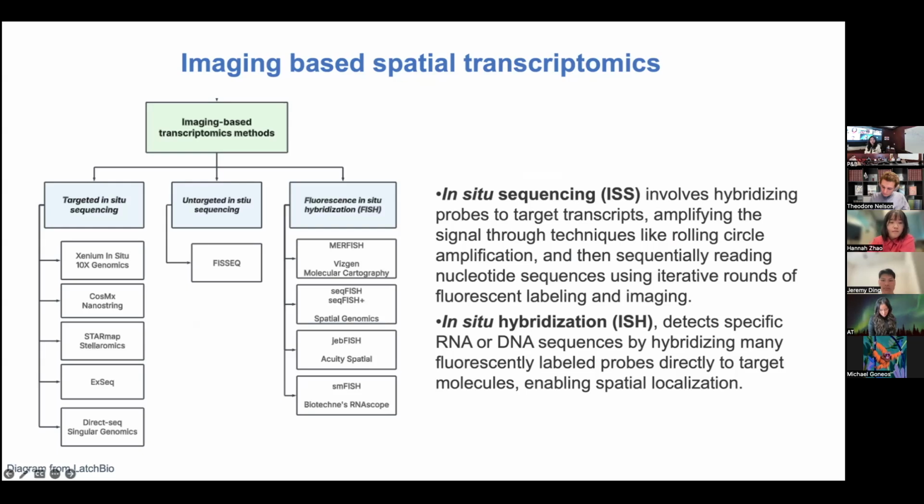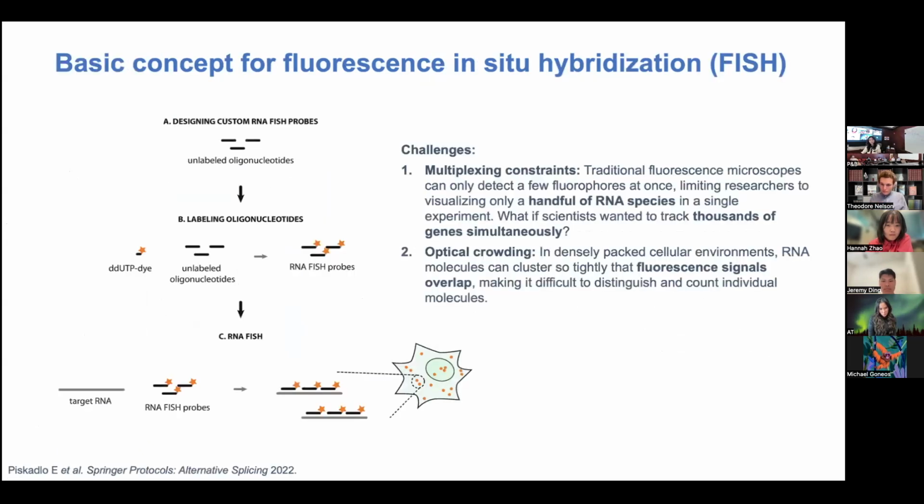So that kind of divides into targeted, untargeted, and FISH. The first two are more in situ sequencing where you have an amplification, and FISH is more about how you play around with different barcoding methods to amplify the signal of a detection.